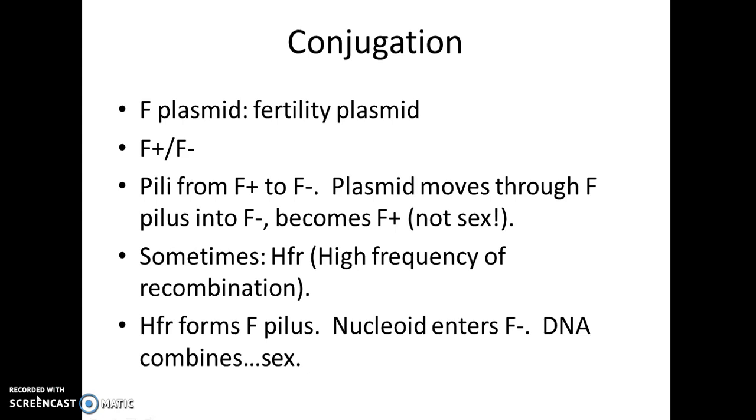Instead of just having the F plasmid go through the F pilus, instead the whole nucleoid will enter the new prokaryote, the F minus prokaryote, from the HFR cell. Now, the nucleoid from the HFR cell will join with the nucleoid of the F minus cell. And when we have the joining of the two nucleoids, that is sex. So if you need to listen to that again, you might want to.